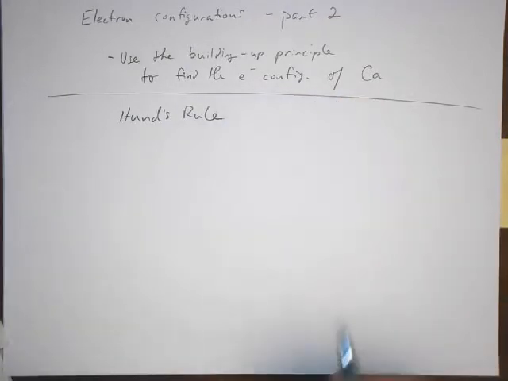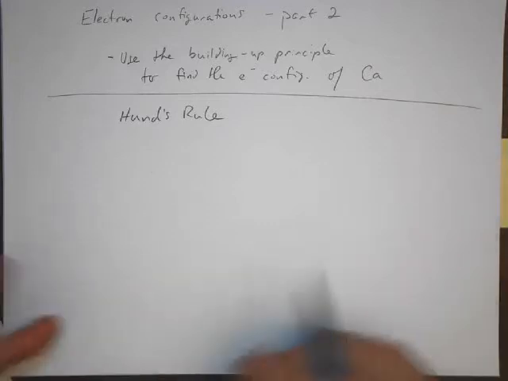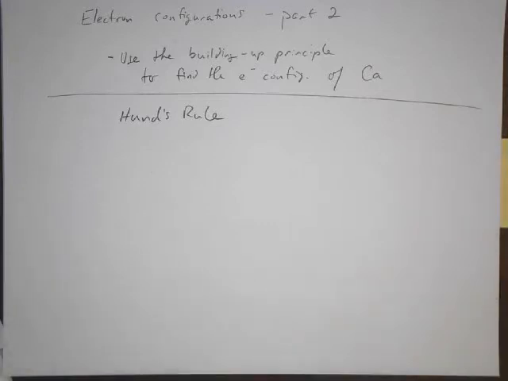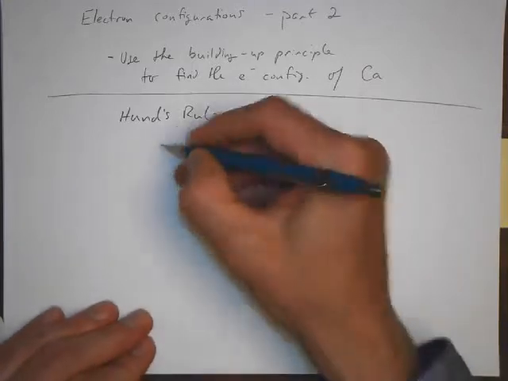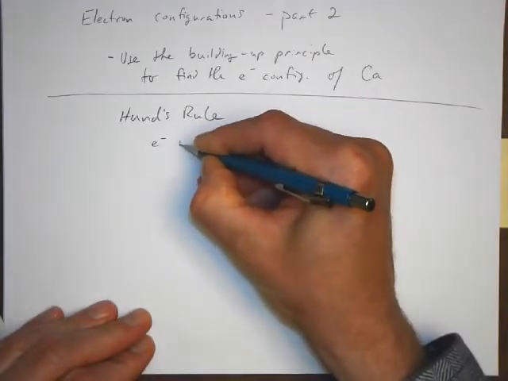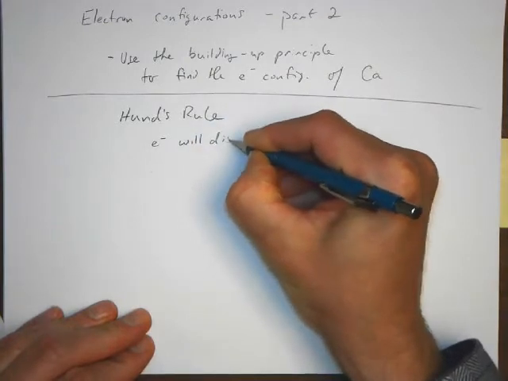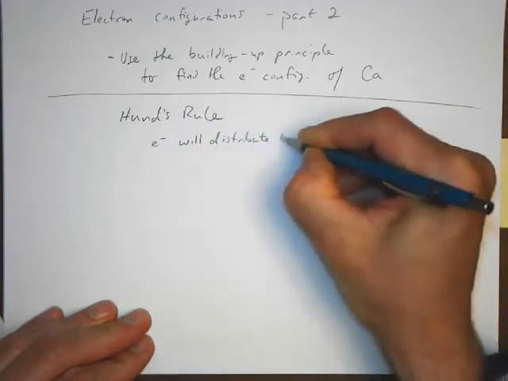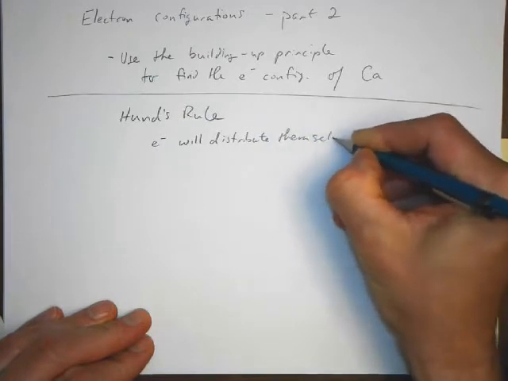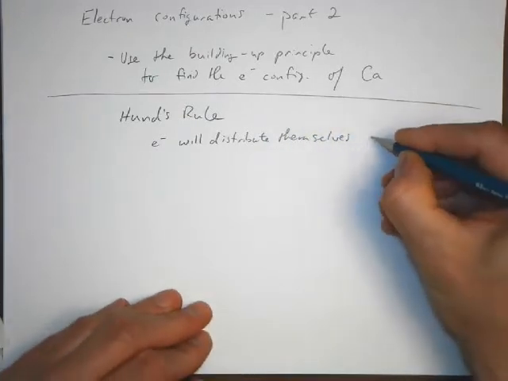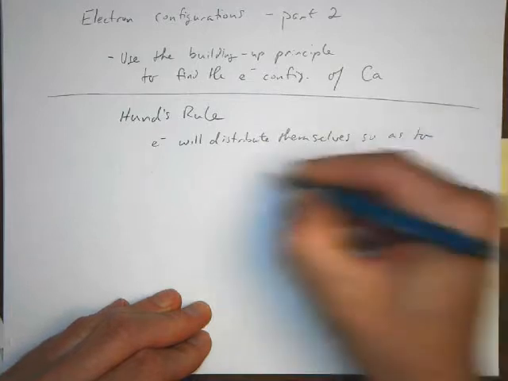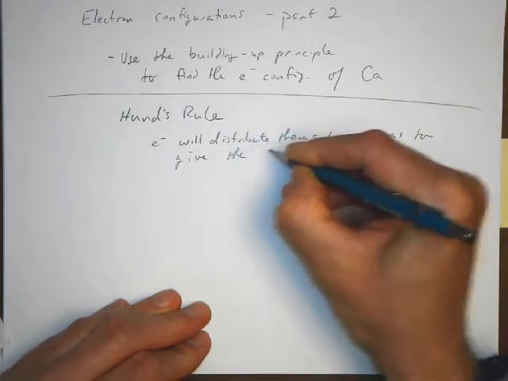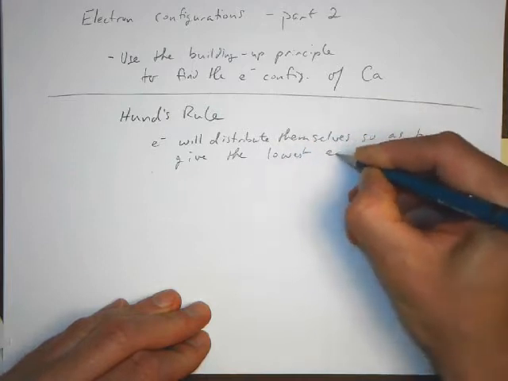This is for electron configurations and orbital diagrams. What Hund's rule says is that electrons will distribute themselves so as to give the lowest energy.